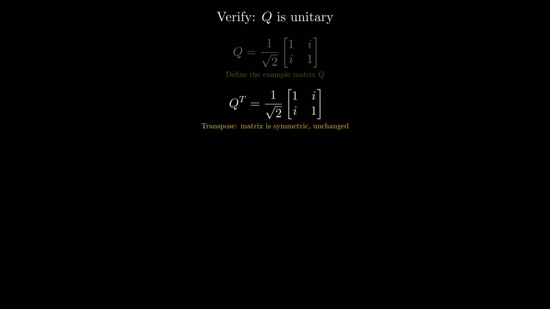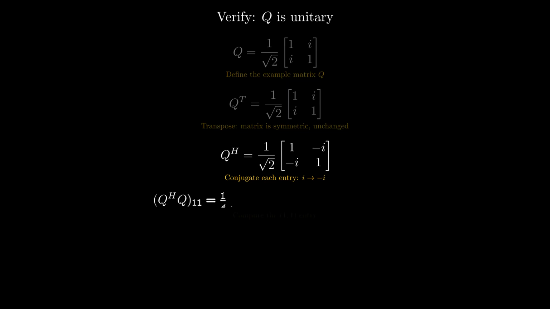First, transpose. The rows become (1, i) and (i, 1). But notice this matrix is symmetric, so transposing leaves it unchanged. Now conjugate every entry, i becomes negative i. So Q Hermitian is 1 over square root of 2 times the matrix with rows (1, negative i) and (negative i, 1).